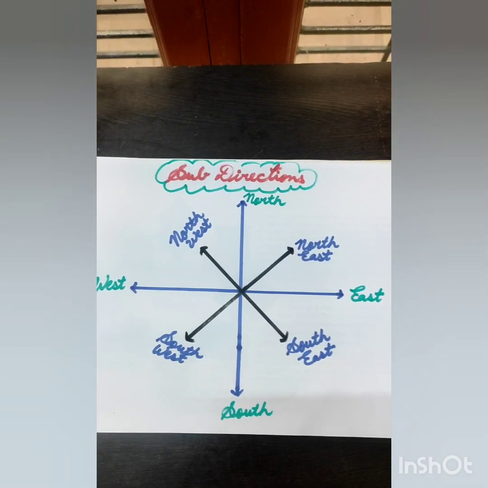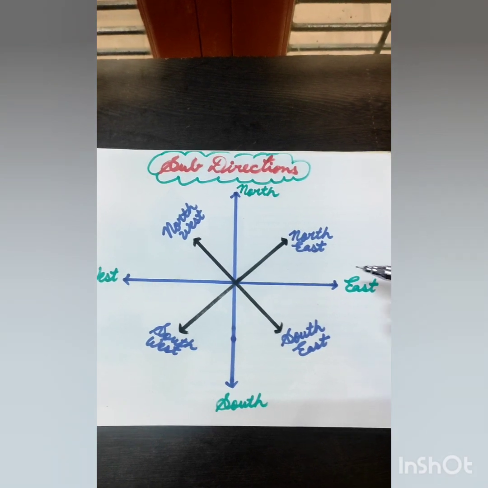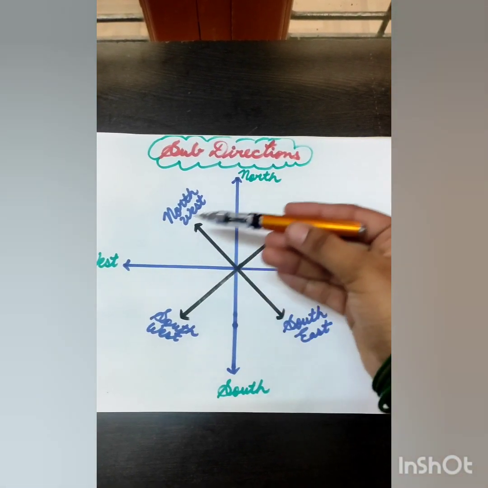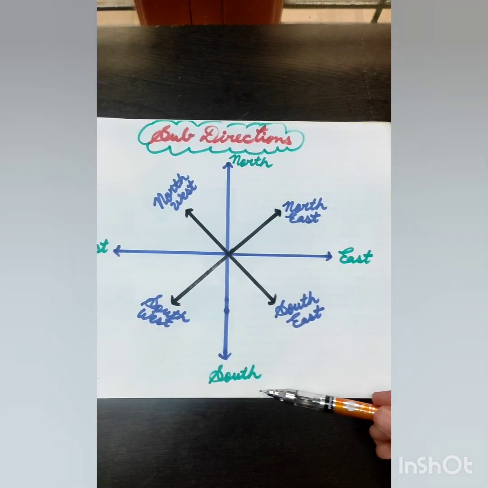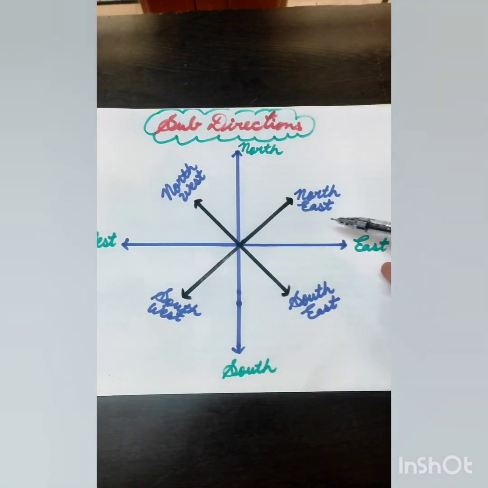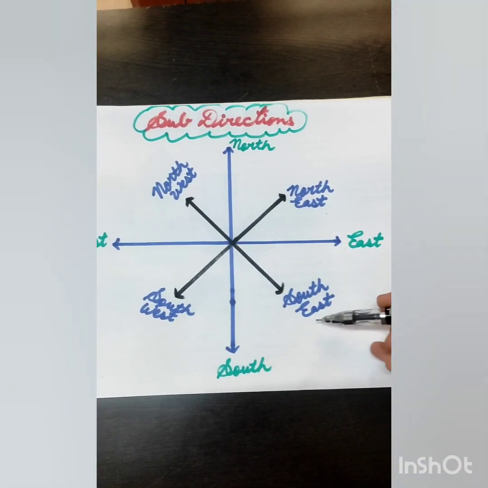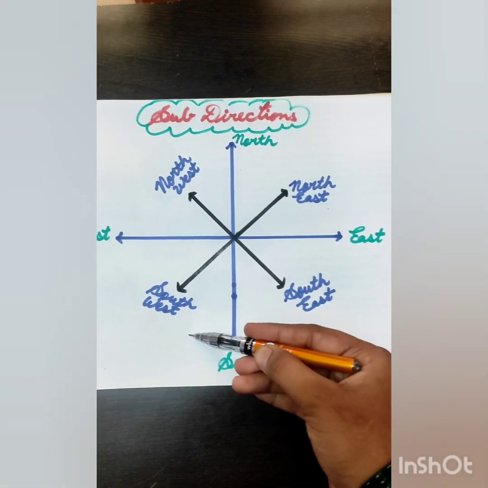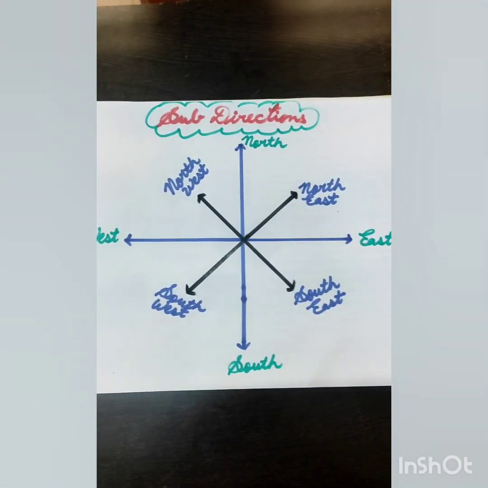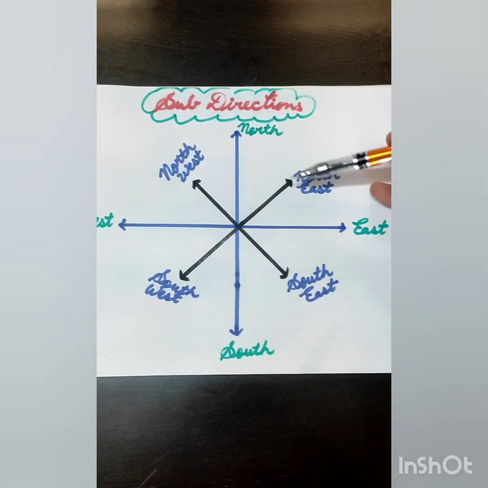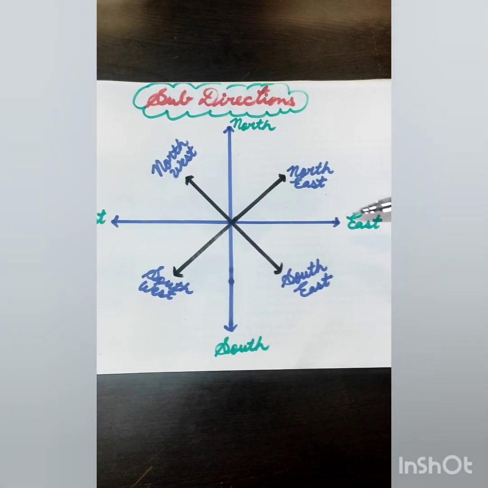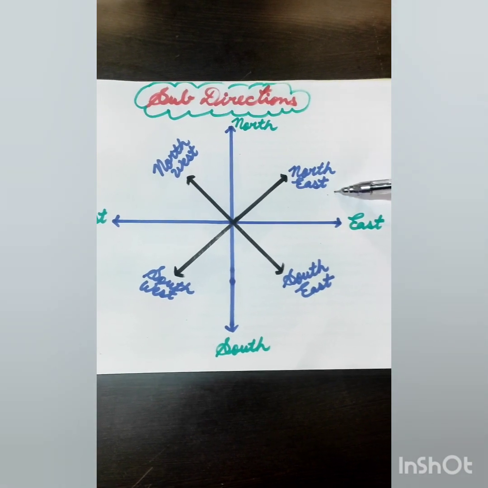Now let's talk about the sub directions. Okay, these are the sub directions. 4 main directions: north, east, south and west. And northeast, southeast, southwest and northwest are the sub directions. Why do we call it northeast? Because this is the part between north and east, so this is northeast.